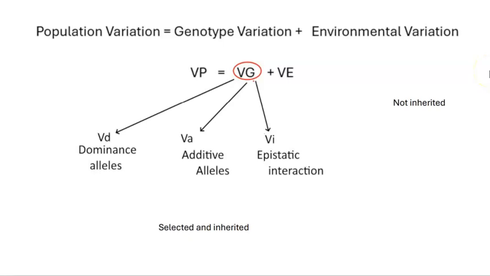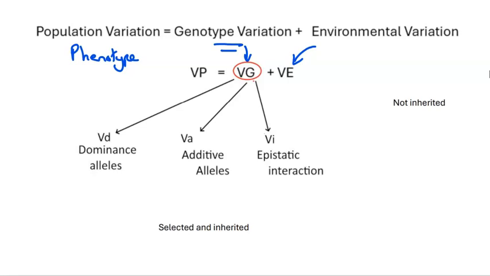The population variation, and here we're referring really to the phenotype, the phenotypic variation of a population, has two sources. There is the variation due to different genotypes, VG in this case, and also the environment that they experience, here VE.